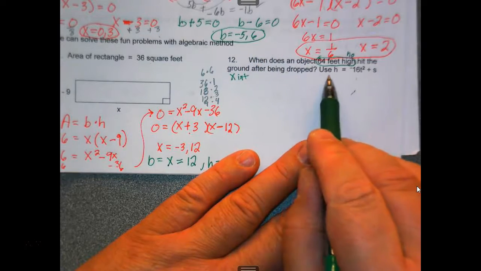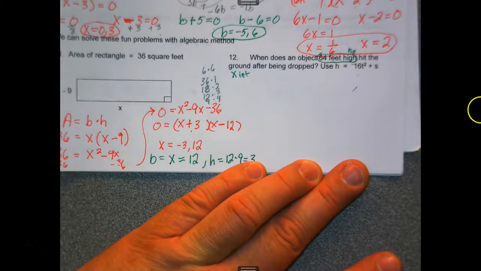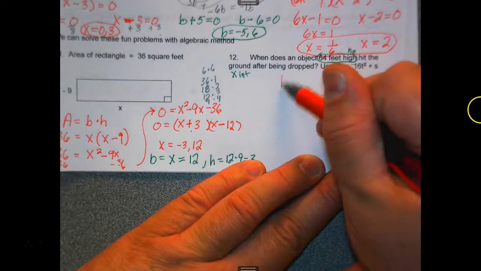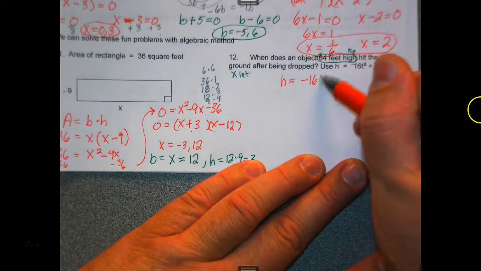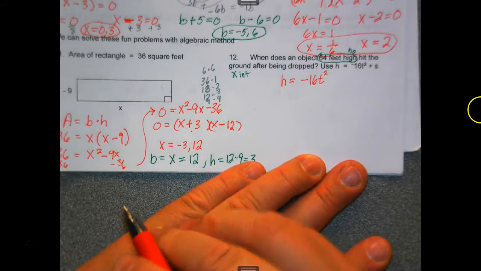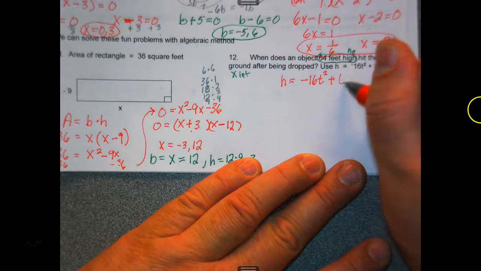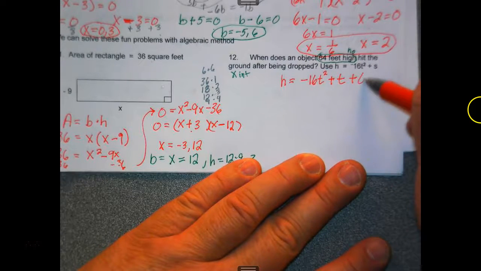After being dropped, use h equals negative 16t squared plus s. Now they're using s for seconds. You guys mind if I use t? Plus t, and our initial height, 64.